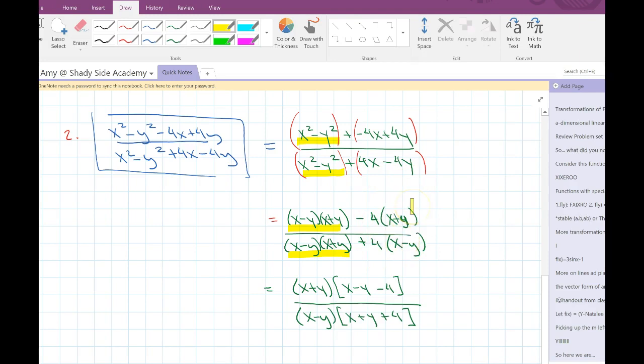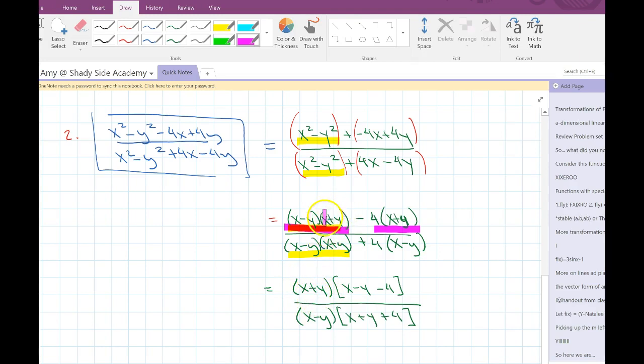All right. And now what you have to do, and I know we've done this before, but I'd rather be thorough. From this to this step, you want to think of the numerator as one term minus a second term, and those two terms share a factor of x plus y. So I'm going to factor out the x plus y, or undistribute, factoring out a GCF.